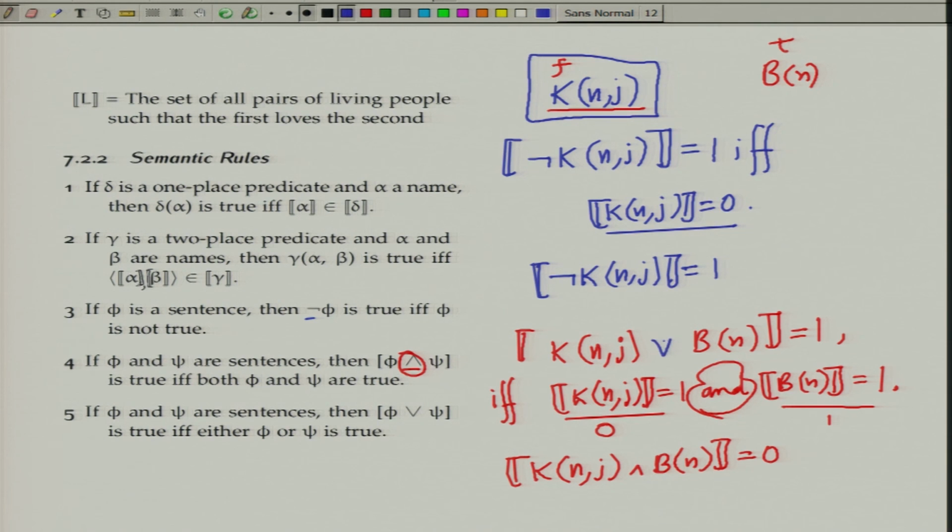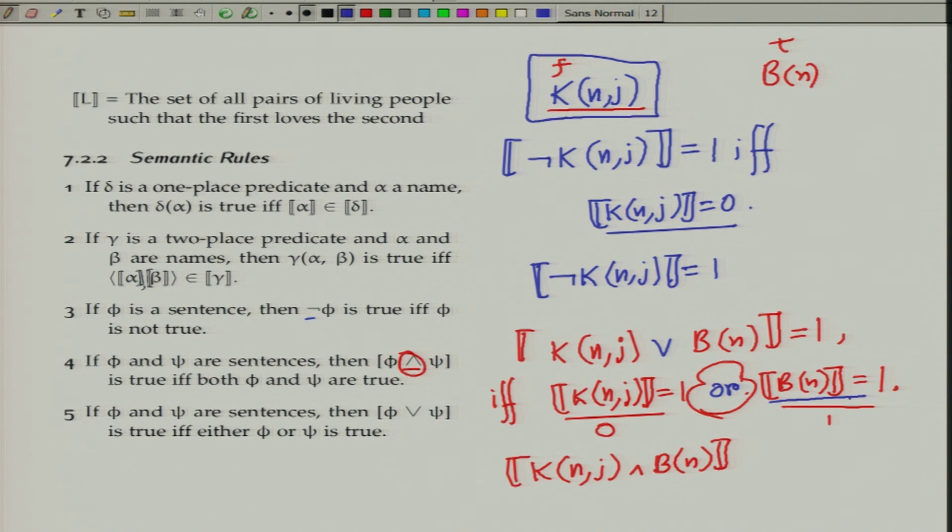What happens when we replace this by or? There the condition will be like this. Once again, it is a replacement. We just say if and only if this is the case, or this is the case. If at least one of them is true, then the sentence will be true. We know that this sentence is true.